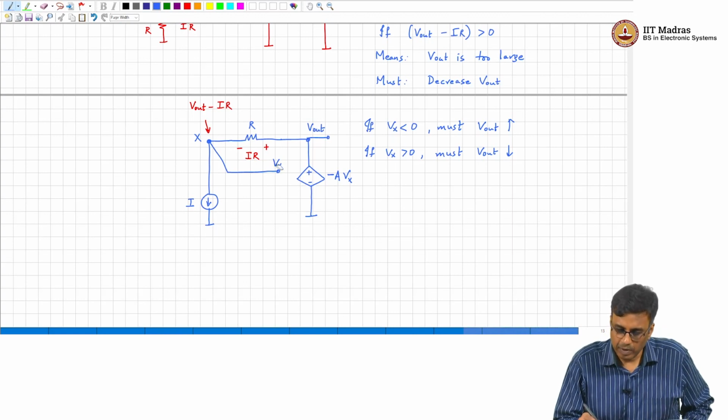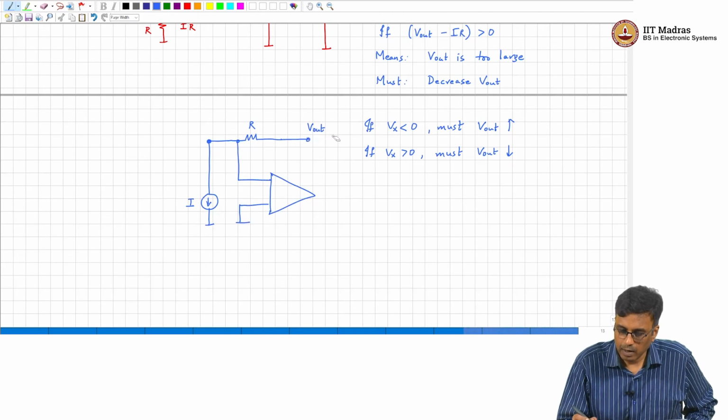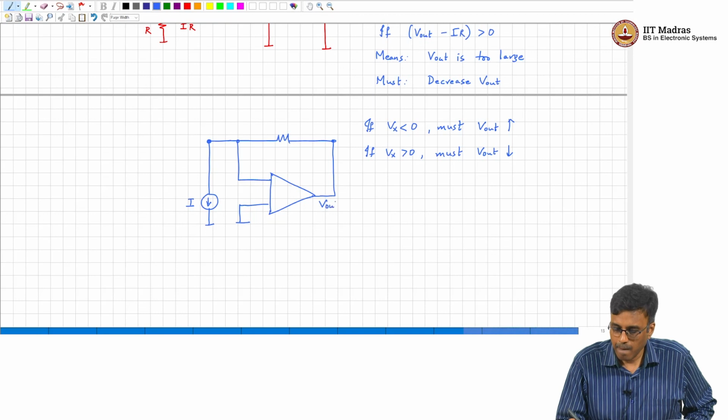So, V x and ground, and so this is V out, and remember V out was connected to some load resistance RL.